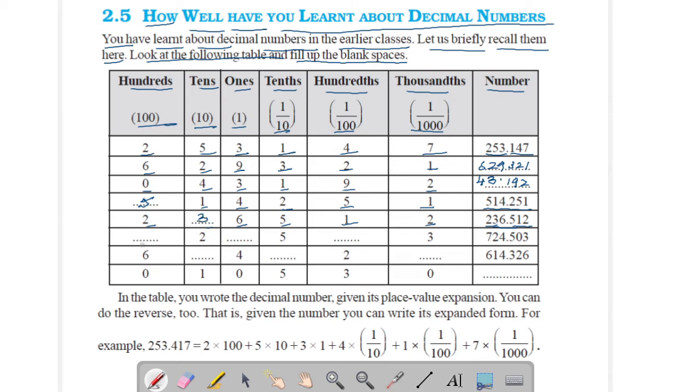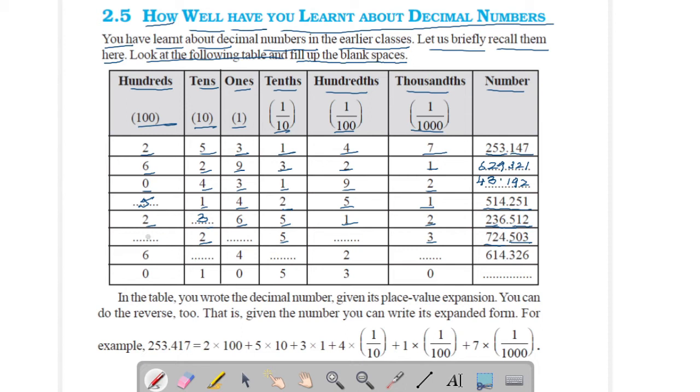Now come to next one. It is dash 2 dash 5 dash 3. Here you have to fill up 3 blanks. Here the number is given to you. It is 724.503. Here first place is hundreds. What is the hundreds number?